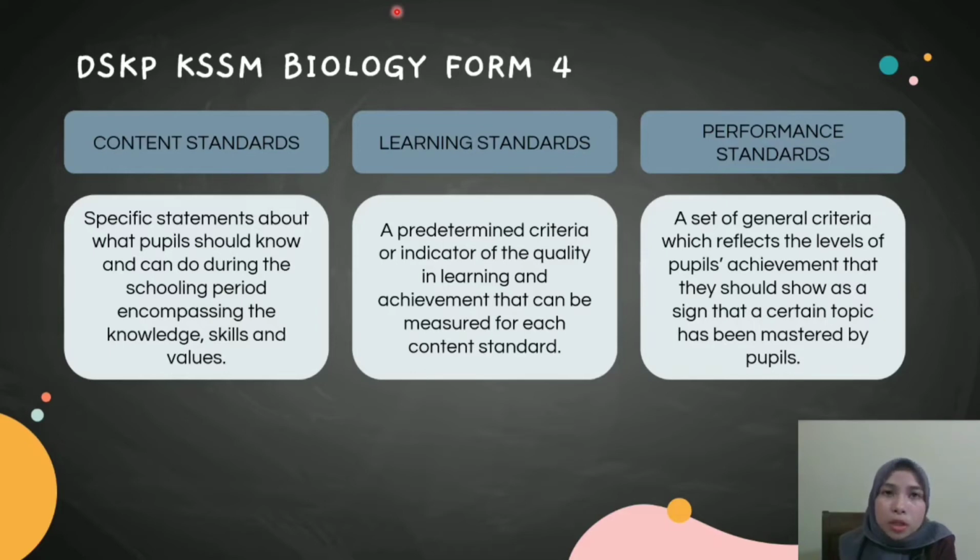So, my question is, why in the SKP they use the term standard instead of learning outcome to describe the outcome? Well, actually, standard is a general statement of the learning outcome of which the instructor needs to know and can do.